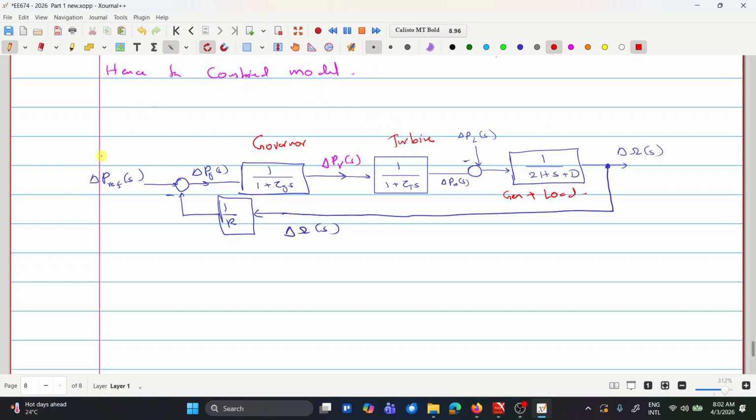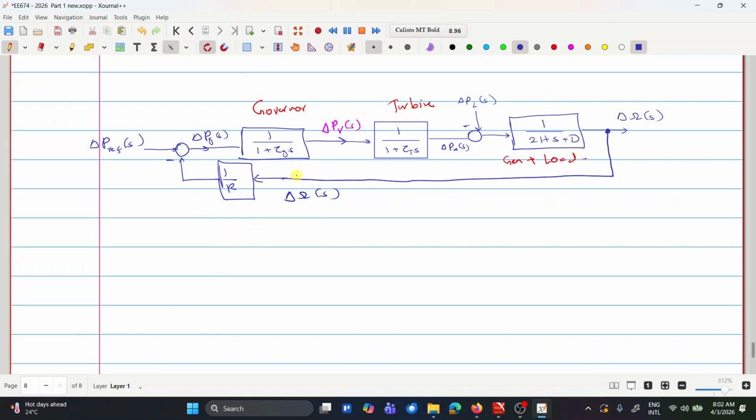So now you can see, based on the reference power, you get the relation how the speed of the generator will vary with the variation of the load and the turbine and the governor control, right? Okay, so now here you have the reference power as the input, but what we are actually interested in is what will happen when the load changes, right?